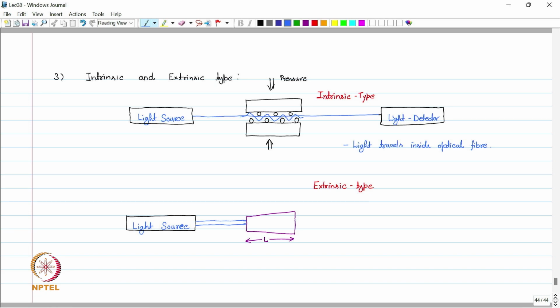After this measurement zone, we have another optical fiber which is coupled at the output of this media and goes to the light detector.